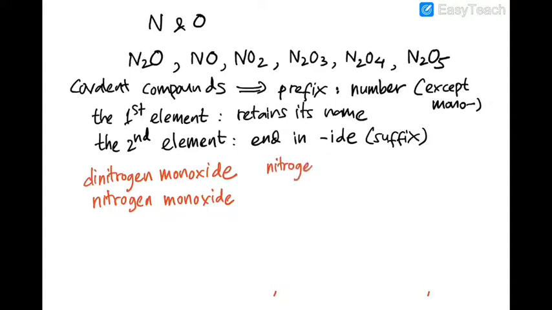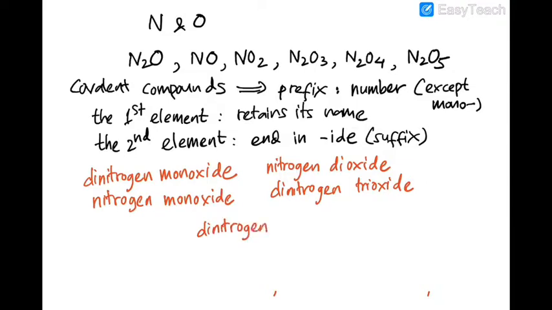Third one is nitrogen dioxide. Which one is that? It's this one, nitrogen dioxide. And then the next one, dinitrogen, because there are 2 of them, trioxide. Which one is that? It's this one, dinitrogen trioxide. Moving on, the next one is dinitrogen.